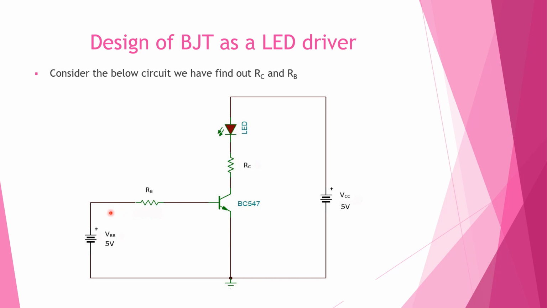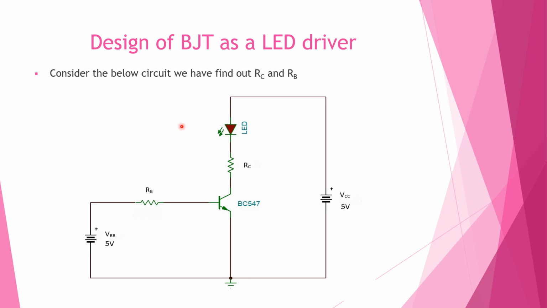Here it will be some 10 microampere, 100 microampere maximum, and when we give this, the transistor drives this LED and at the collector terminal it will be some 10 milliampere, while here it will be some 10 to 100 microampere. So there is a gain here. So this circuit acts as a driver for the LED.